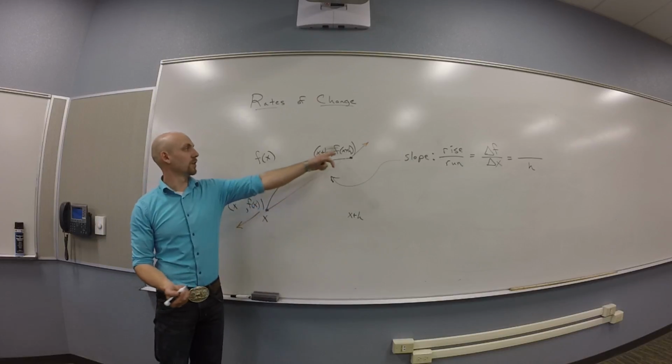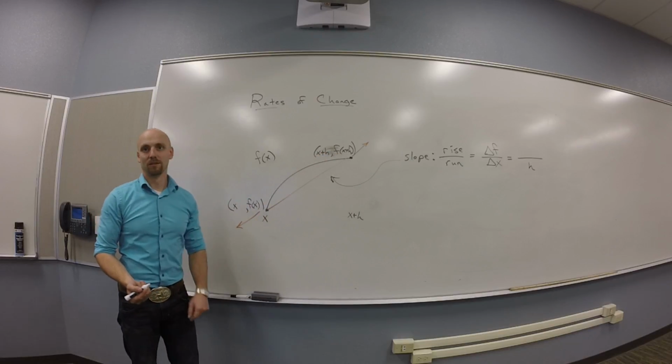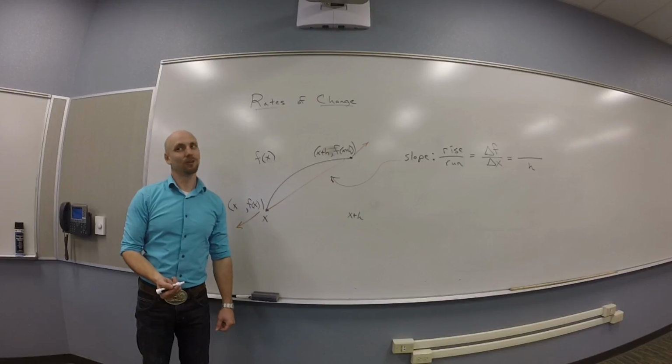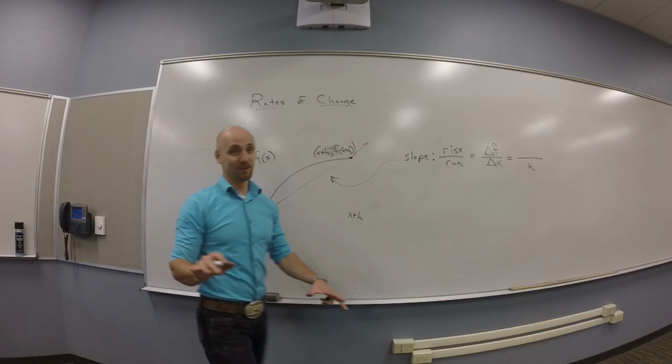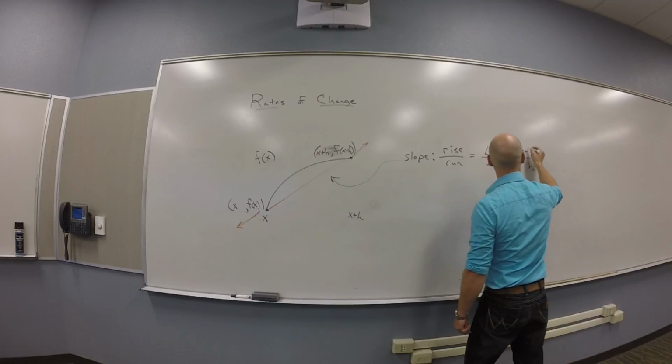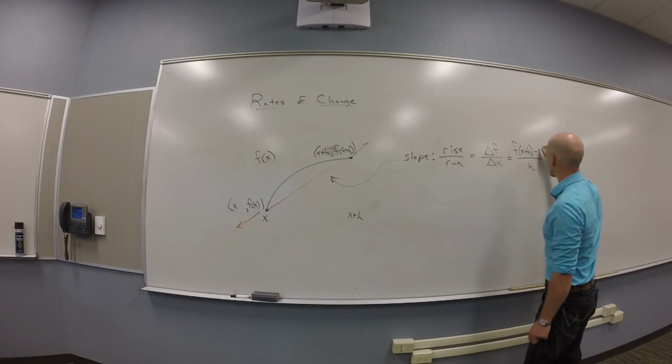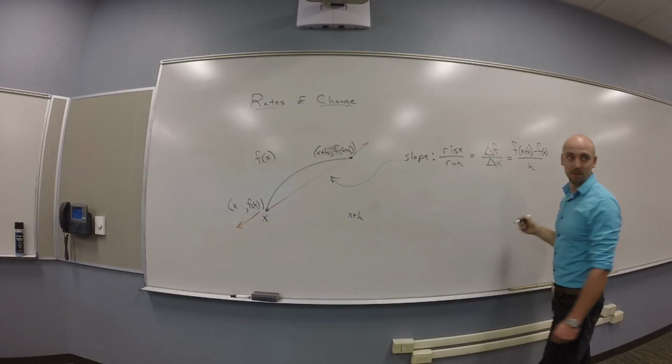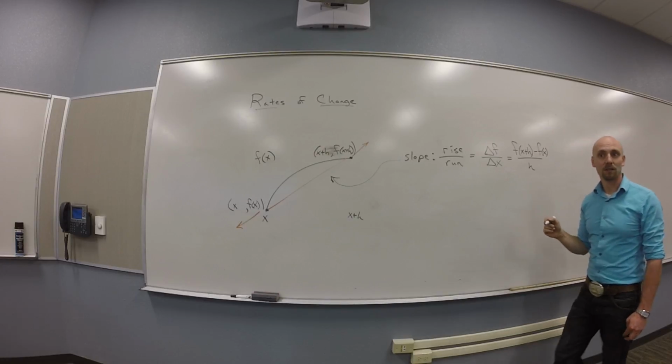So what's the difference between the y values? Careful. There's grouping symbols in the way. So I think it's f of x plus h minus f of x. You see that?